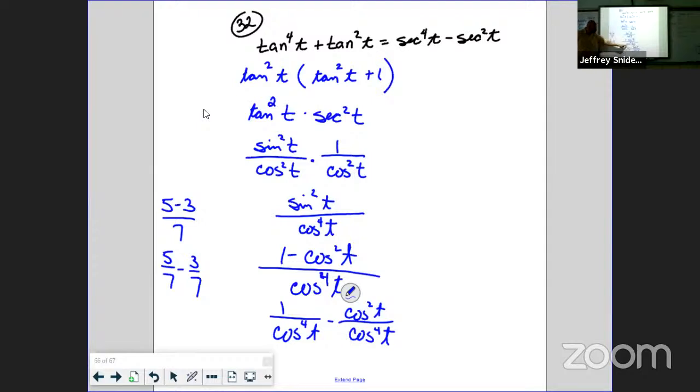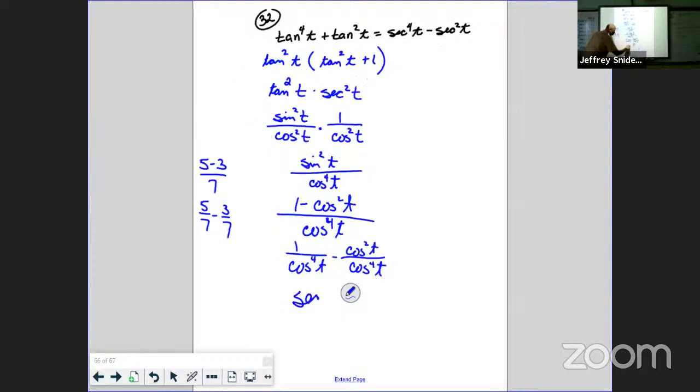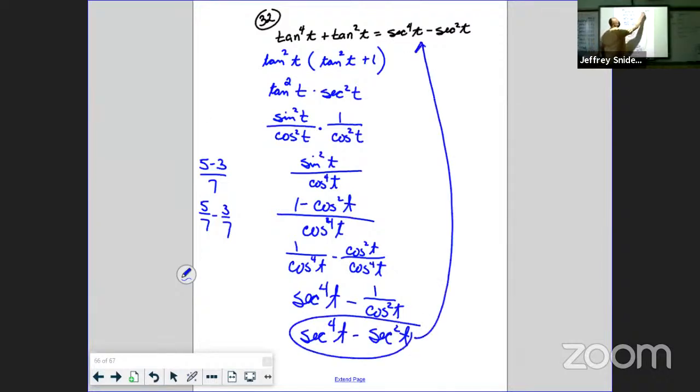Reciprocal identity. What does this become? There's my secant to the 4th of t minus, this gives me 1 over cosine squared t, which gives me secant to the 4th t minus secant squared t.